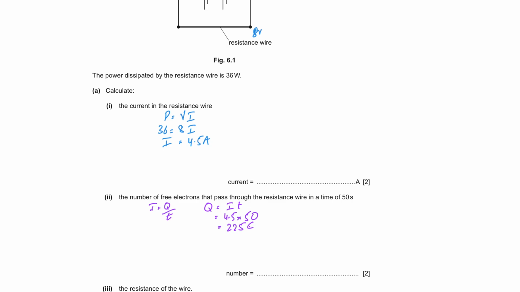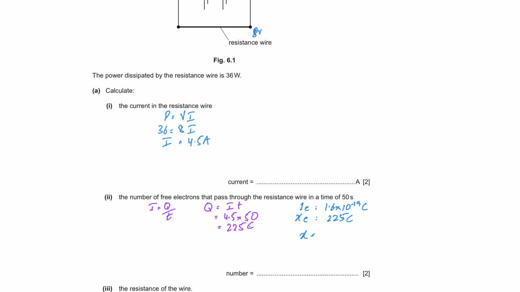Now, they're not asking us for the total charge, they're asking us for the number of electrons. It's a simple ratio from this point. One electron has a charge of 1.6 times 10 raised to the power minus 19 coulombs. How many electrons have a charge of 225 coulombs?